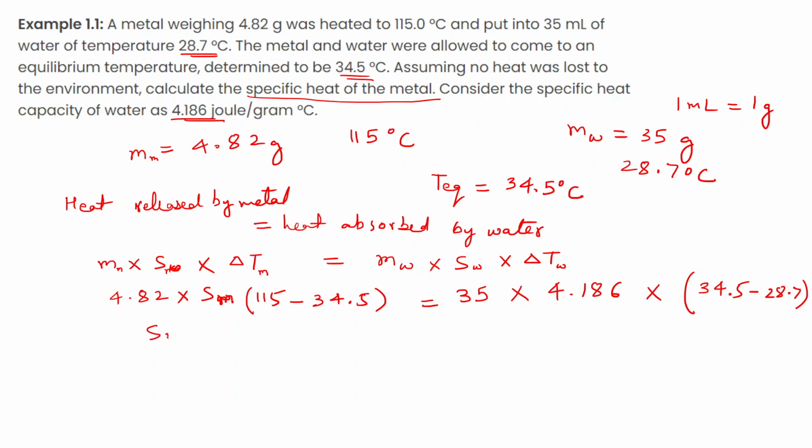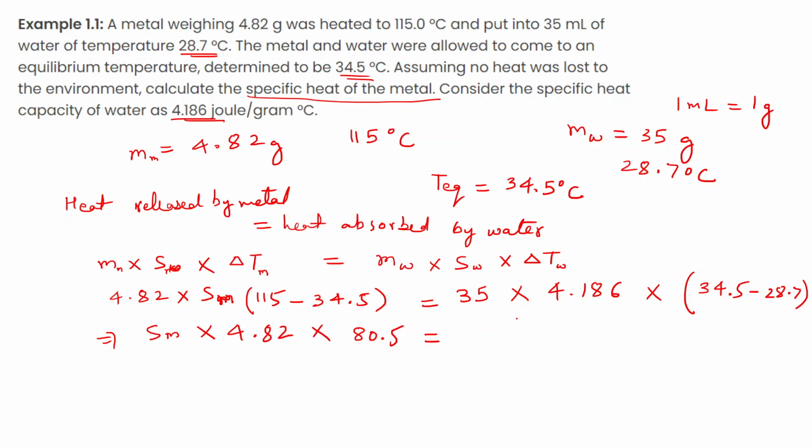Let's do this. What will be this? 4.82 times, look at this, 115 minus 34.5, that means 80.5 is equal to this side.